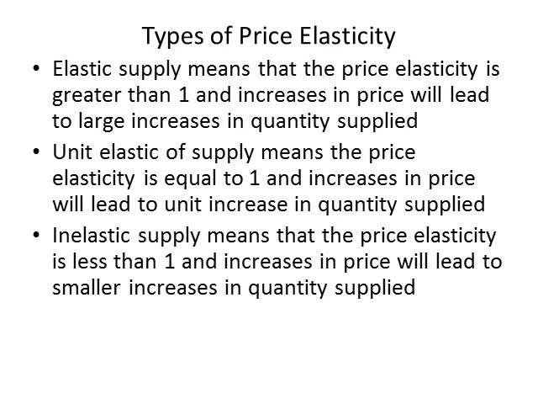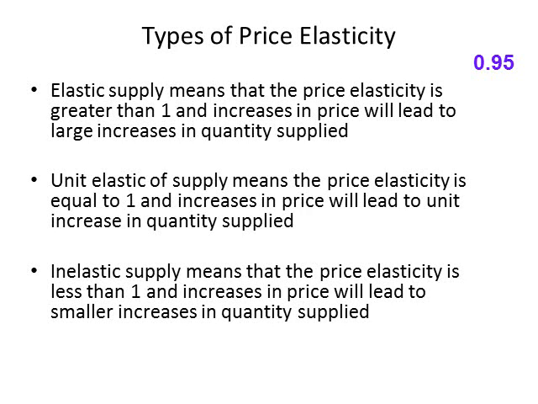Unit elasticity of supply means that it is equal to 1, and an increase in the price of the good will cause an equal increase in the quantity supplied. Inelastic supply means that it is less than 1, and an increase in the price of the good will cause a small increase in the quantity supplied.